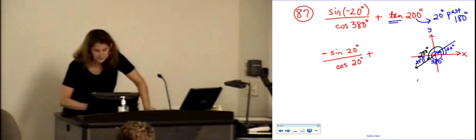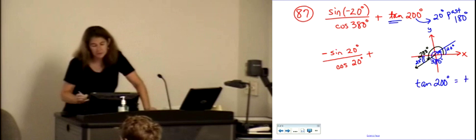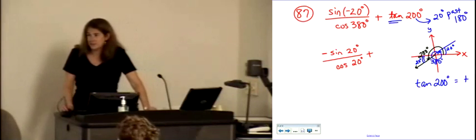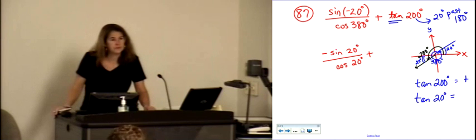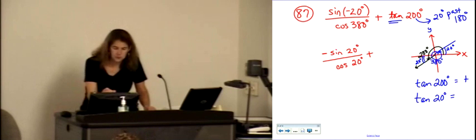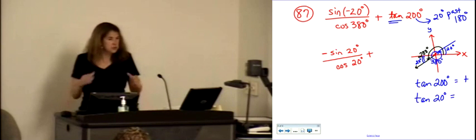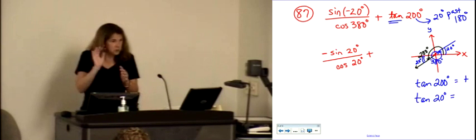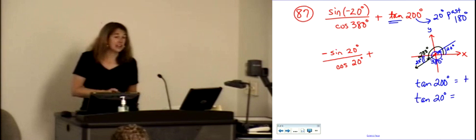So let me ask you this. Let's write this up here. Tangent of 200 degrees equals something positive. We don't care what it is, but we know it's positive, right? How does that relate to the tangent of a 20 degree angle in the first quadrant? See how they're corresponding, right? If one of them's 20 degrees past 180, the other one was 20 degrees past 0. What do we know about their sine and cosine values, or their x and y coordinates?